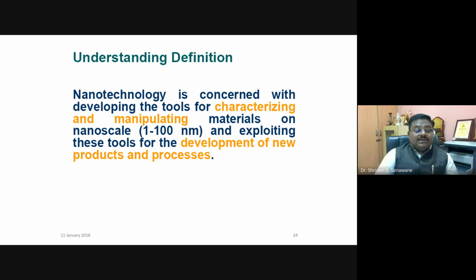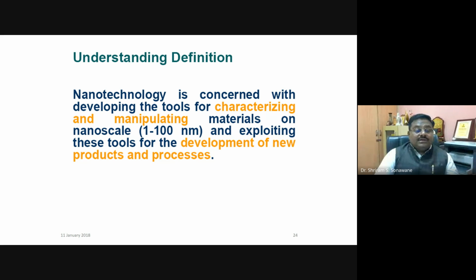Nanotechnology is concerned with developing the tools, because if we are talking about the technology, we should also be concerned enough to develop the tools to see it, to characterize it: what will be its property, what will be its shape and size, how it will look, and how to manipulate it.